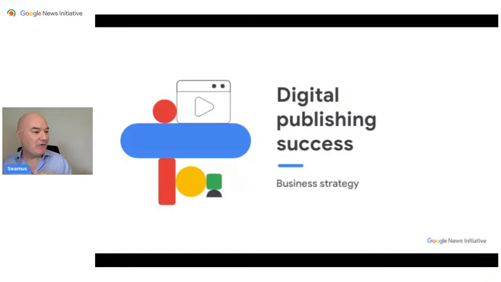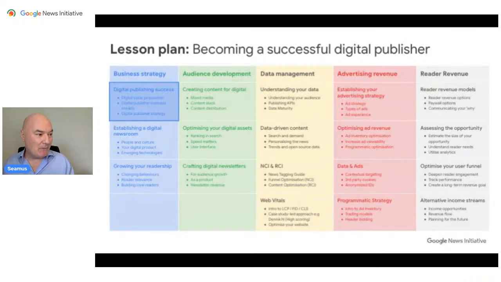As we can see there on the screen, digital publishing success, part of the suite of lessons under the overall topic business strategy. Let's begin with a bird's eye view of where this lesson fits into the suite of overall courses, becoming a successful digital publisher.